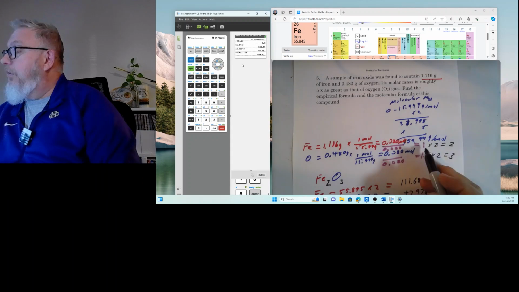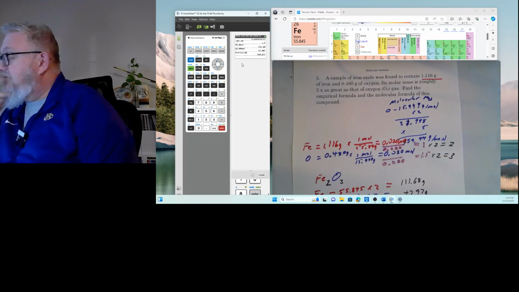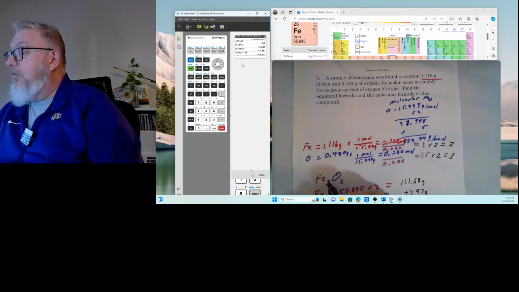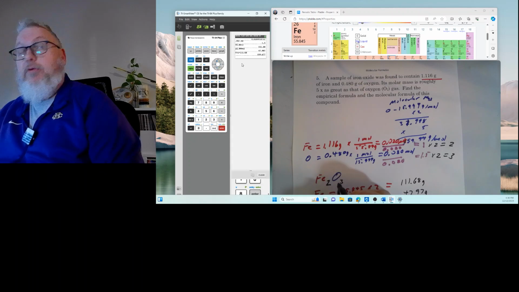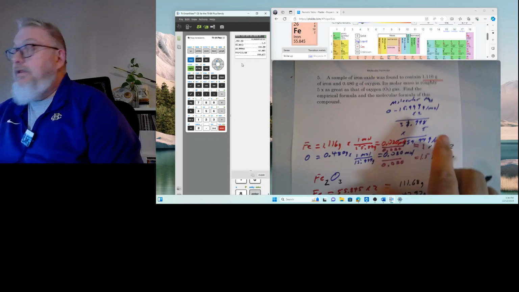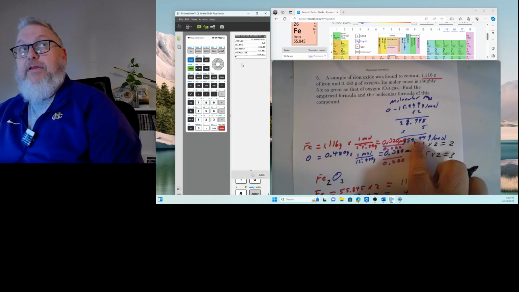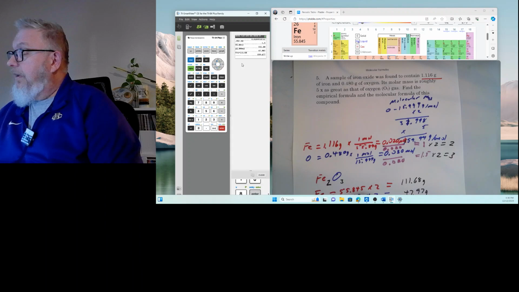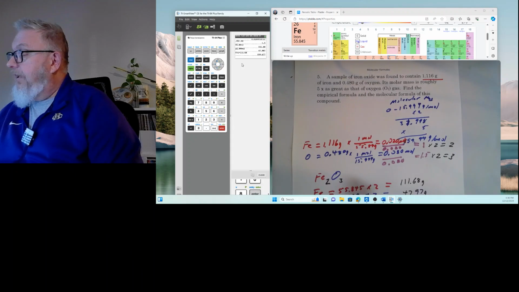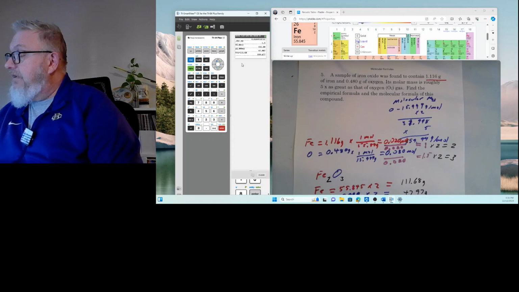So this is what we would normally do, especially since this is close enough that I can tell you that the molecular formula is Fe2O3. But if I was to do the ratio, 159.99, that's the given or calculated molecular molar mass, divided by the empirical formula mass, 159.677.